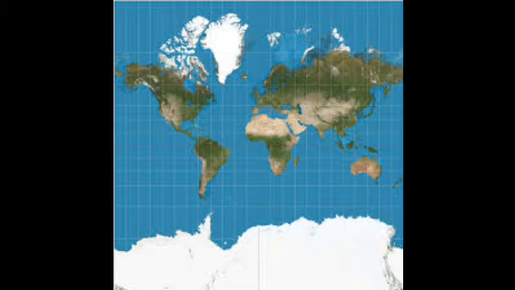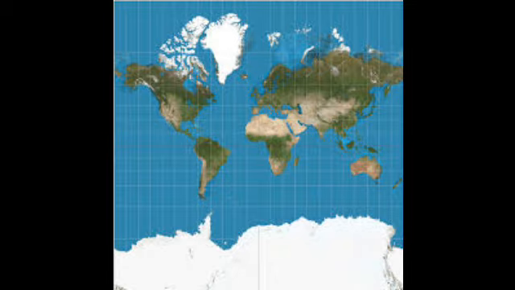Therefore, for the correct directions and shapes of continents, Mercator shaped a method, but with distortion of sizes and directions. This method came to be known as Mercator projection. I hope you understand the history of map making, right?